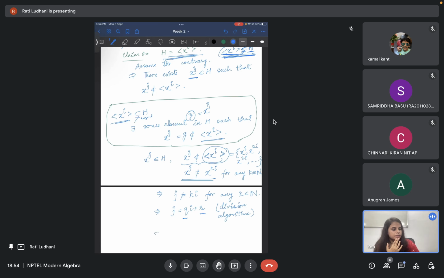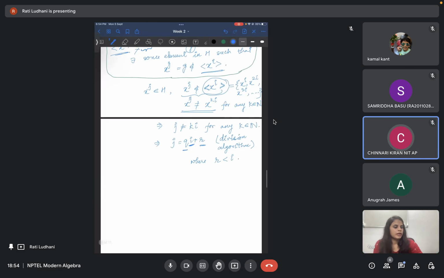Now in the division algorithm, we are saying J is not a multiple of I. That means J is something multiple of I plus R, where R is strictly less than I. Is that okay? This is your divisor, and you know this remainder has to be smaller than this divisor. Is that okay?